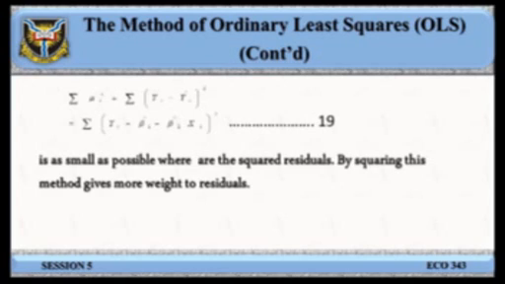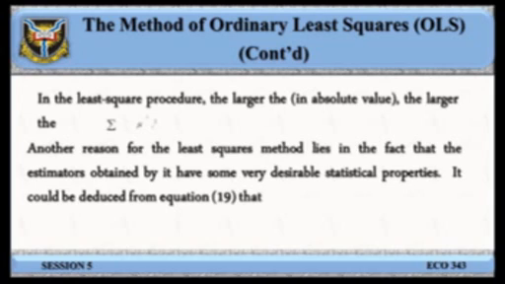By squaring ui estimator, this method gives more weight to larger residuals. In the least squares procedure, the larger the ui estimator in absolute value, the larger the summation ui estimator squared.